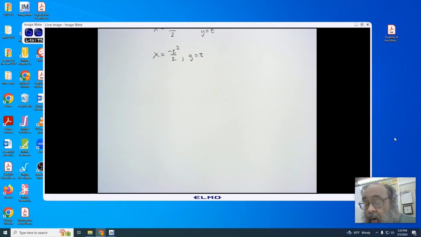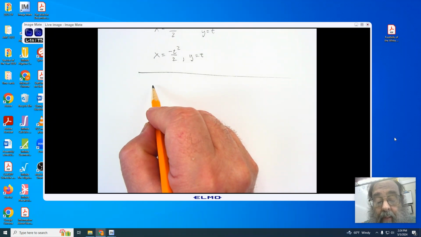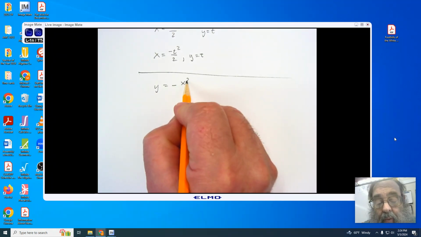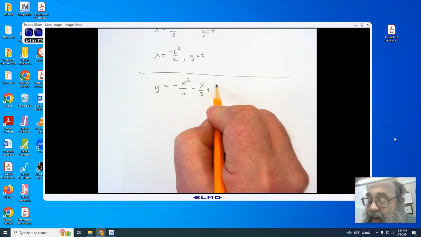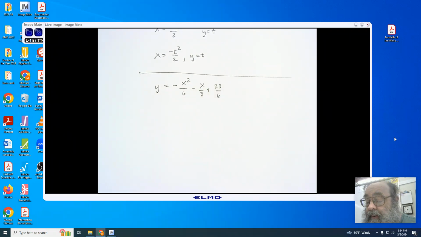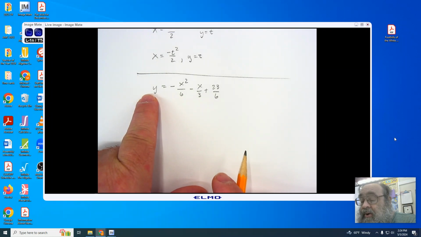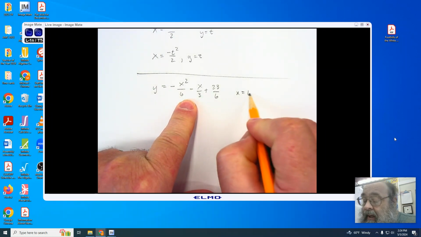Okay? So let's take another one. Let's say we have something a little bit more complex. Let's go y equals negative x squared over 6 minus x over 3 plus 23 over 6. And if I were to choose, since I'm talking about an equation of y in terms of x, I'm going to let my x equal t.